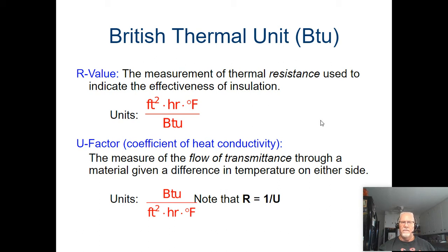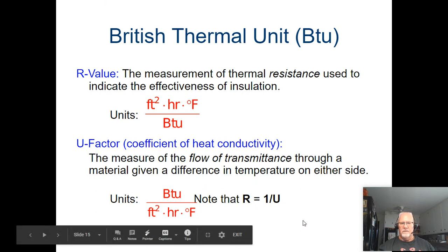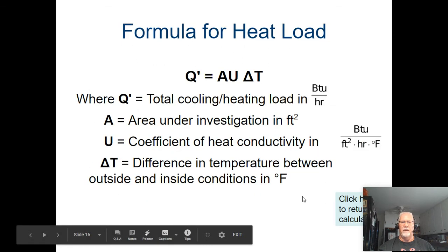Now, if you had me for POE, a few of you have, that should ring a bell from when we did the heat box calculations, because we had to figure out the U value, and then from there we could figure out the R value. Units for that are just the reciprocal of what we had here: BTUs divided by square feet times hour times degrees Fahrenheit.